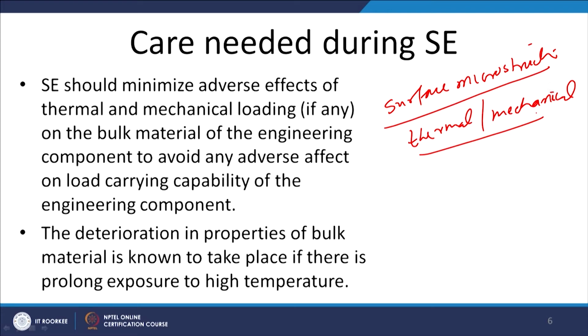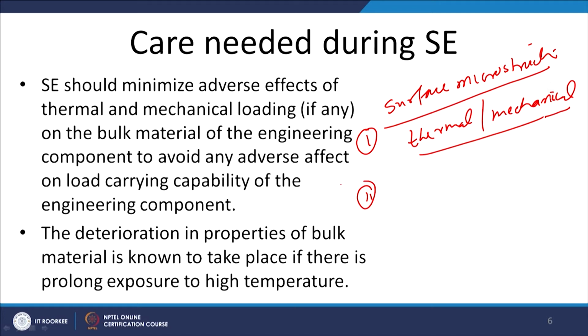So, the microstructure at the surface is modified, or the stresses are applied in a very controlled way at the surface, so that work hardening takes place and the structure gets deformed. This is one group of processes.